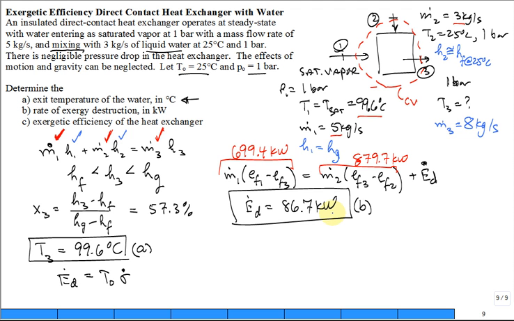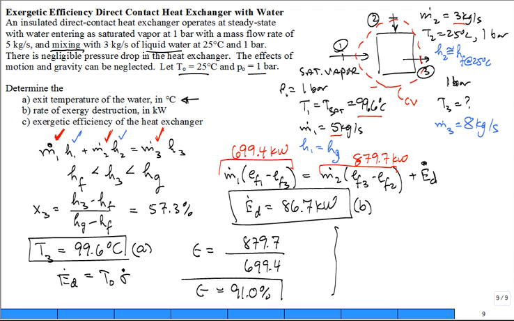Now, what's the exergetic efficiency of that heat exchanger? You can calculate it two ways. You could say the exergetic efficiency is what I really wanted, that's the 879.7 kilowatts going into the cold fluid stream, over 699.4 kilowatts coming out of the hot fluid stream, and you calculate that it's 91.0%.